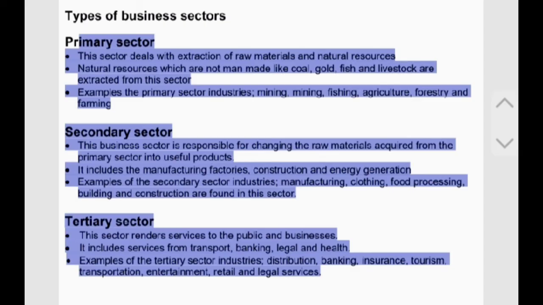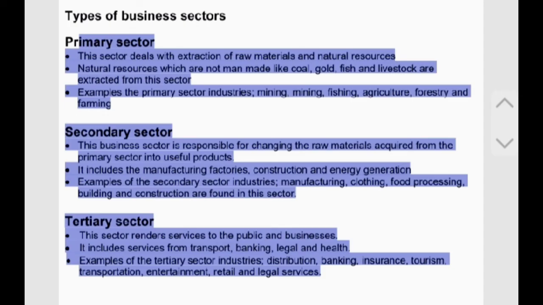Number one, look at your screen. Primary sector. This sector deals with extraction of raw materials and natural resources. As I explained before, they deal with something that needs to be manufactured.